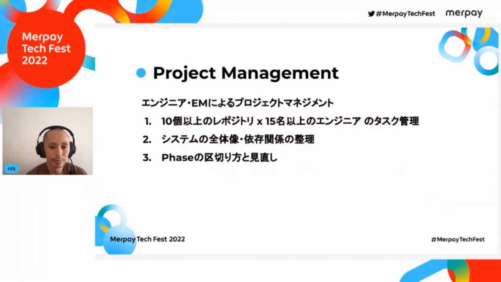Next is project management. This migration project has been managed by the cooperation of a team of engineers and engineering managers. The migration project to GCP was broadly divided into two types of systems, data application and operational systems, with microservices and batches running across more than a dozen repositories.